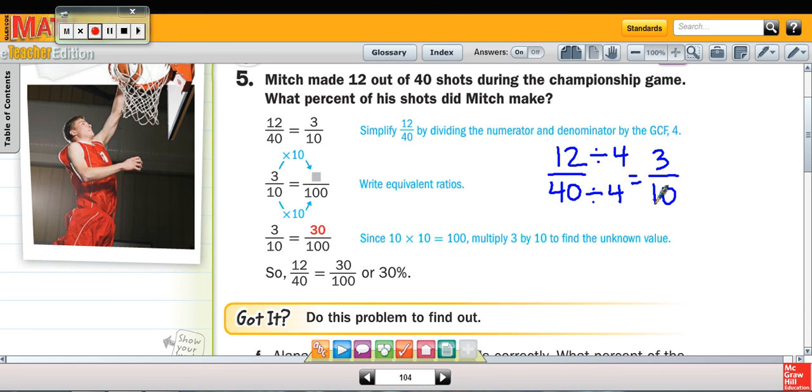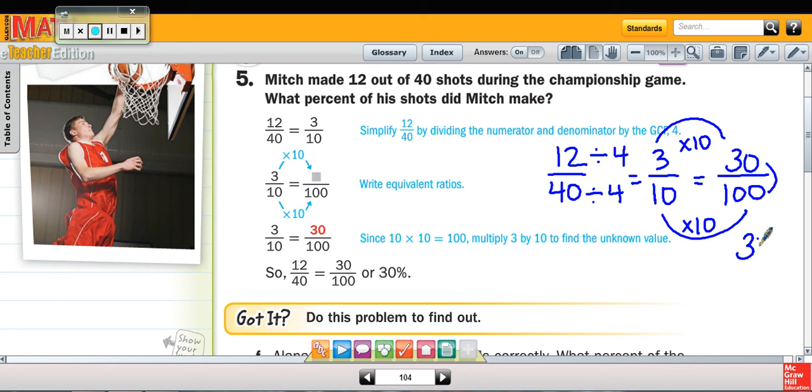So we get 3/10, but we want to know the percent, so I know that I have to get to something out of 100. How do we get from 10 to 100? Times 10 is correct. So 3 times 10 would give me 30 out of 100. Because it's now out of 100, I can just call this 30%. So we would say 30% of his shots Mitch made, or he made 30% of his shots.